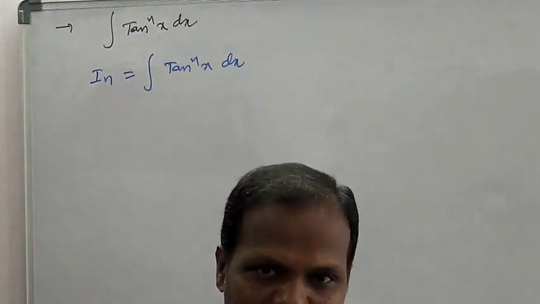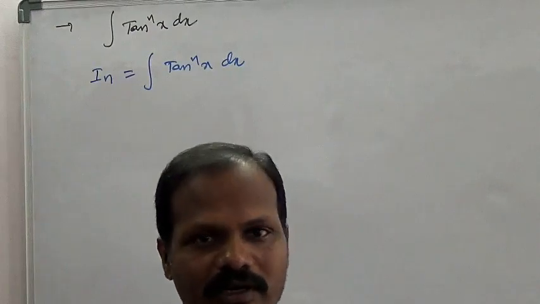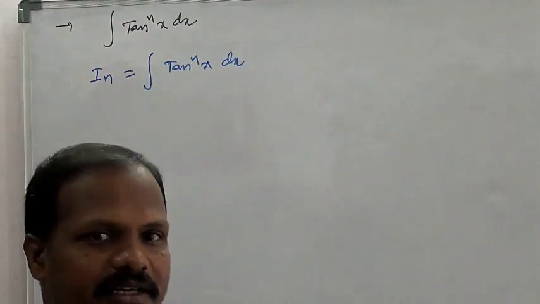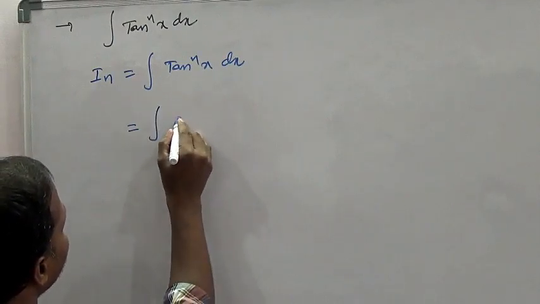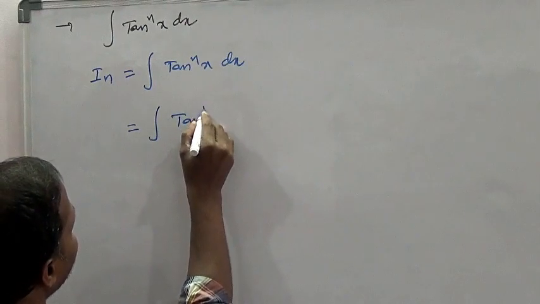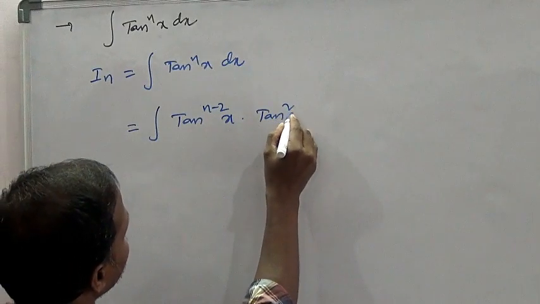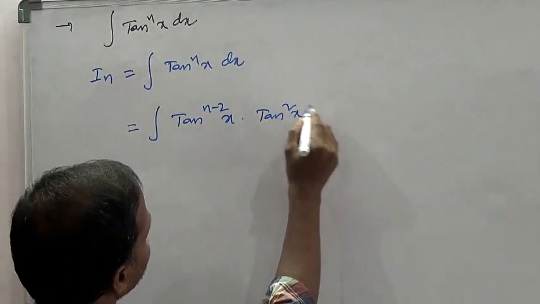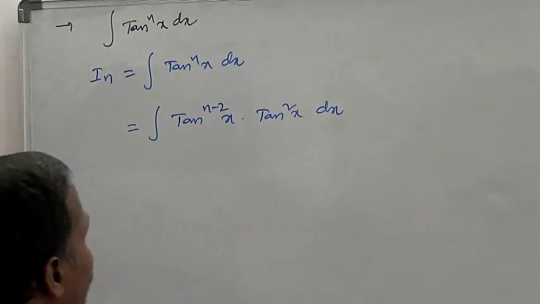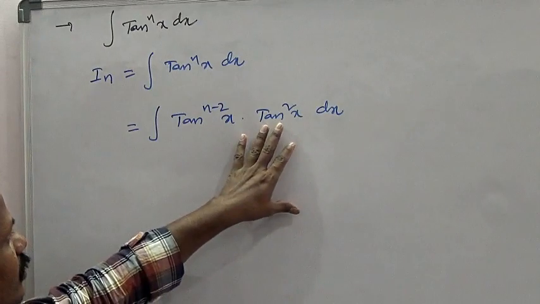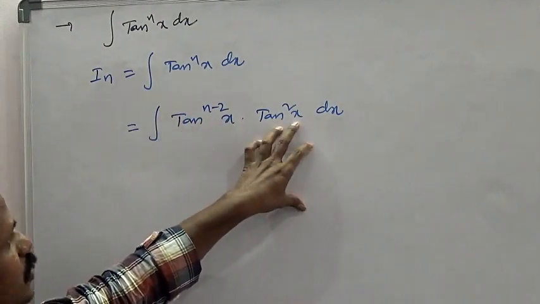So we will split it into two functions, to make it a product of two functions to apply integration by parts. So this can be written as integral tan power n minus 2 x into tan square x dx. Why am I splitting as n minus 2 plus 2?